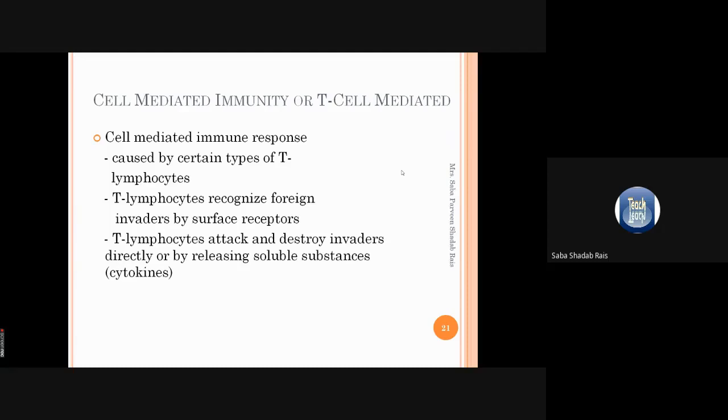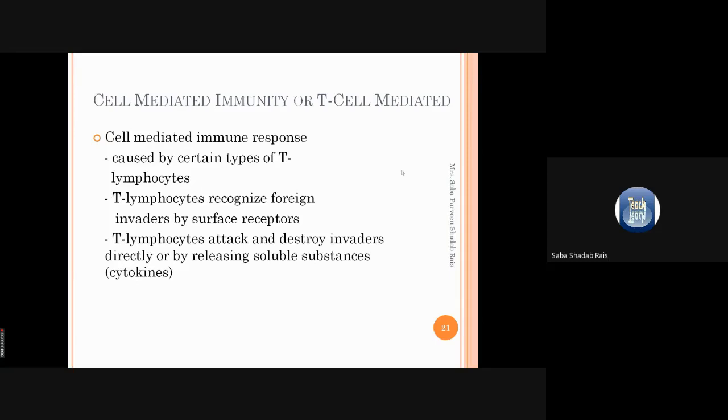They pick up the antigen and check whether the antigen is properly processed by the APC, the antigen presenting cells. We already discussed that APCs include macrophages, dendritic cells, and all the nucleated cells. This checking part is done by the T helper cells.